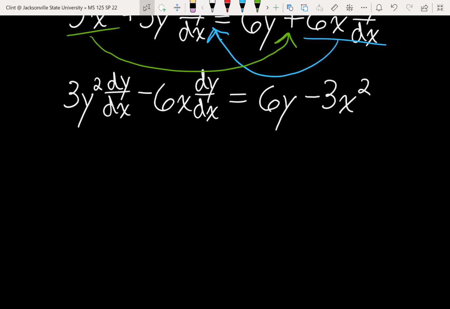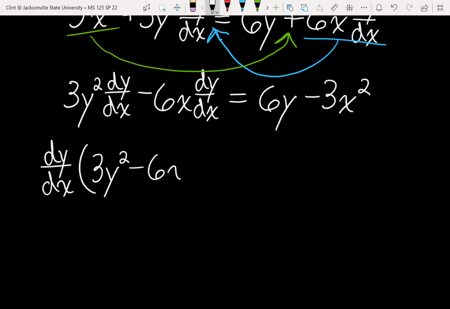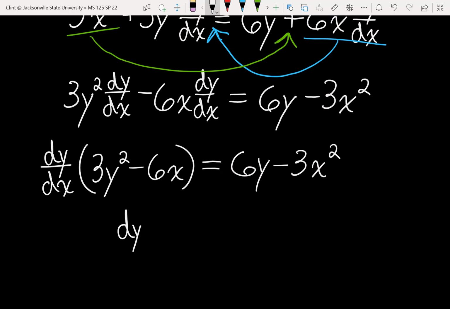We'll have dy dx times 3y squared minus 6x equals 6y minus 3x squared. Now we can divide by what we've got left in the parentheses, so we divide by 3y squared minus 6x on the left. That'll leave us dy dx.